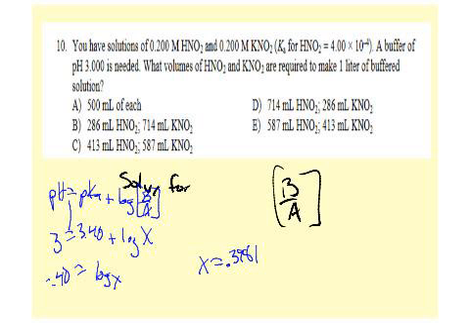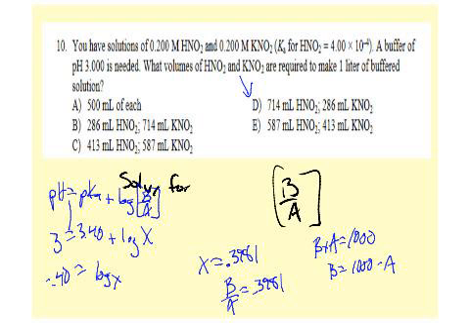So that means B over A equals 0.3981. And it also means, if these things are being additive, looking at these guys right here, B plus A equals 1,000. So I could substitute in here where B equals 1,000 minus A, and then I could do 1,000 minus A over A equals 0.3981.